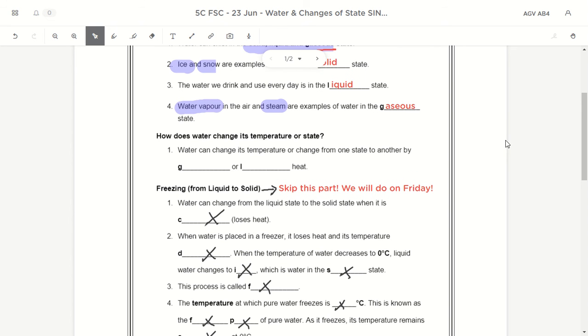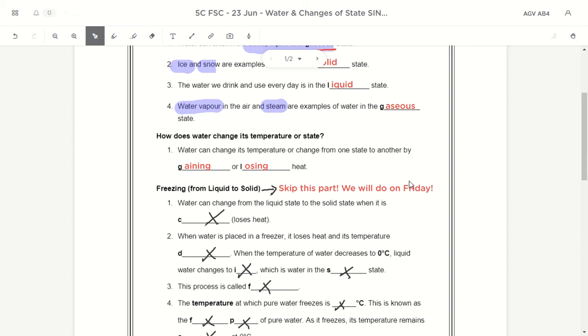How does water change its temperature and state? The temperature of water can change. The state of water can go from solid to liquid to gas, or from gas to liquid to solid back again. And in order to do that, it can do it by gaining heat or losing heat. For example, I take the ice out from the freezer, which we did the other day when we were in school.